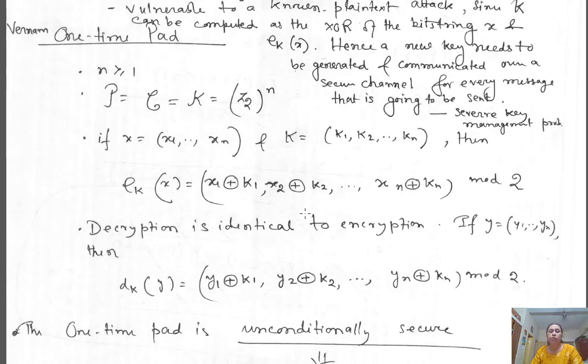Now, why do we call it one-time pad? Because if you observe, this one-time pad is vulnerable to a known plain text attack.